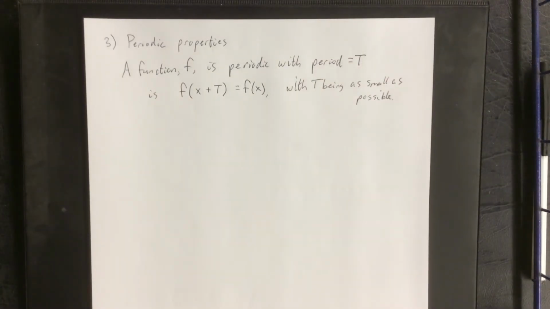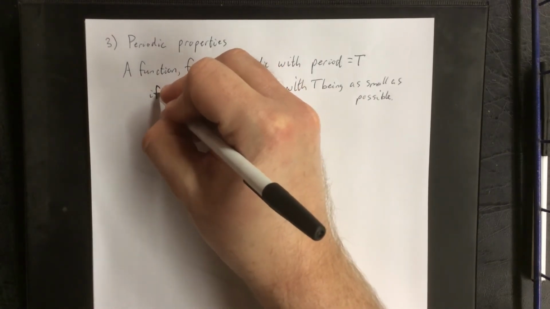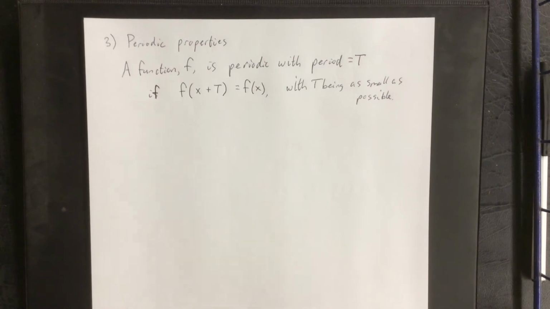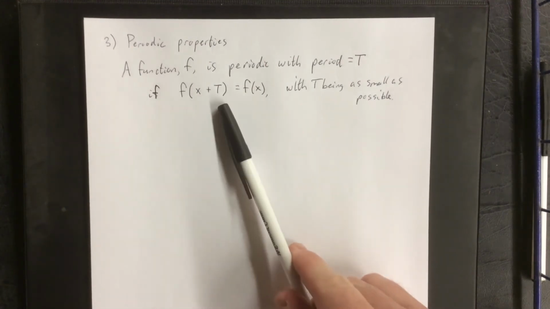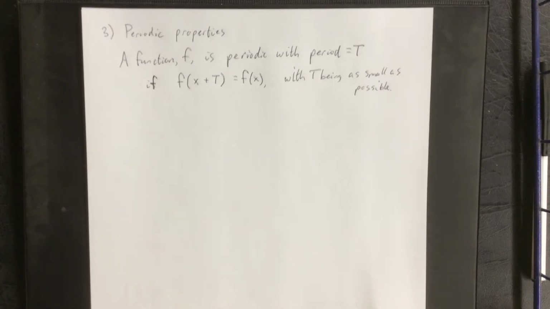So function f is said to be periodic with period equal to t if f of x plus capital T is equal to f of x, with t being the smallest number possible.